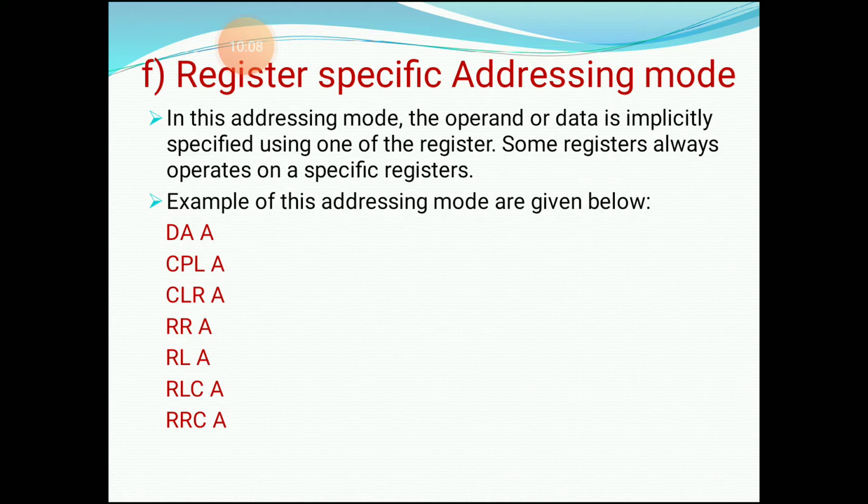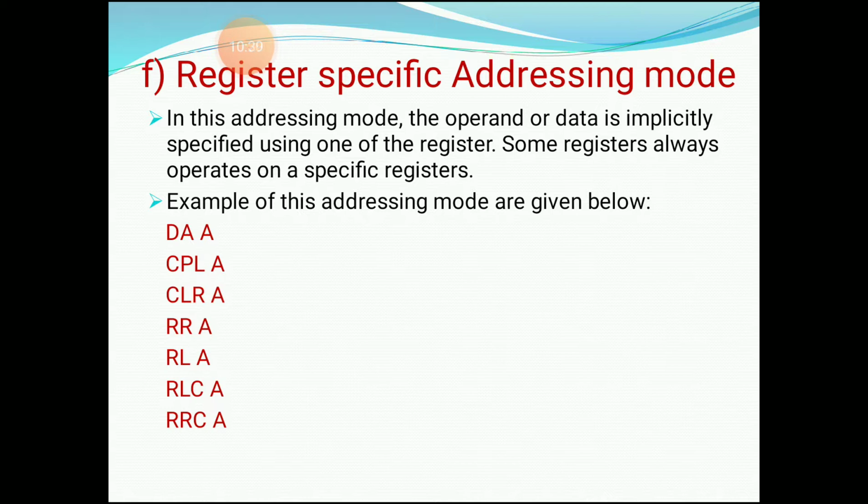Now register specific addressing mode. In this addressing mode, the operand or data is implicitly specified using one of the registers called the accumulator. Some instructions always operate on specific registers.